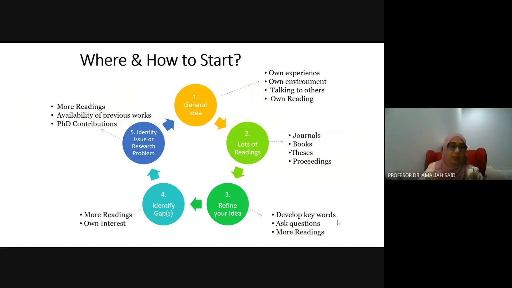From these theses you can actually combine and create your own, so it becomes a new contribution. Okay, so basically when it comes to doing a PhD or master's, the keyword is read and read. If you read a lot, you get a lot of ideas, you can write a good proposal.